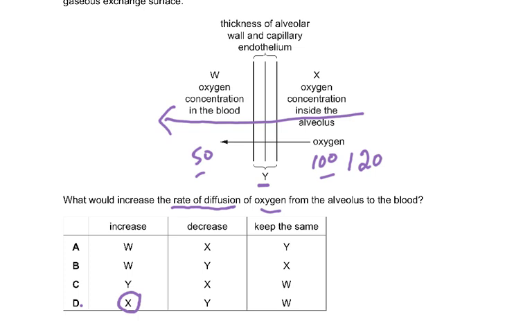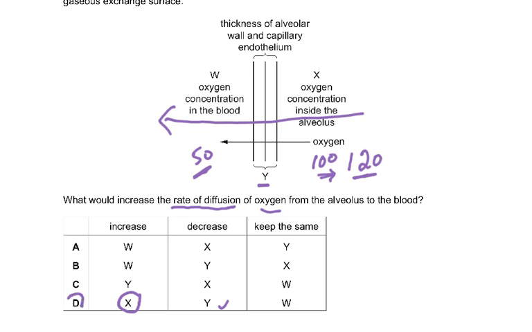Y decrease? Y means the width of this. The thickness of the alveolar wall and the capillary, if that would decrease, yes, it would help. And W can keep the same. This can remain the same, the oxygen concentration in the blood. But if we make this from 100 to 120, the gradient becomes steeper.